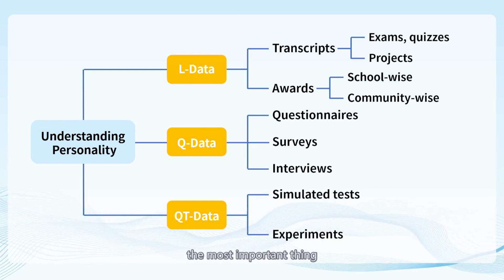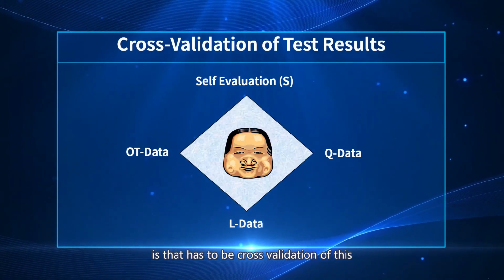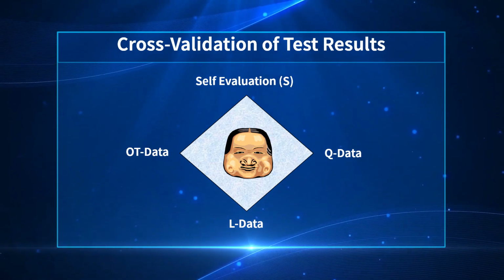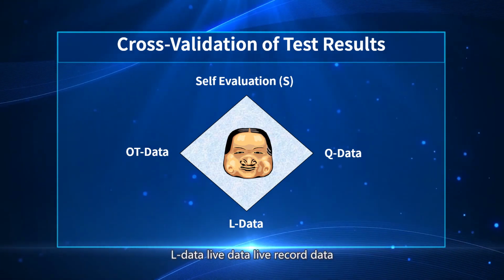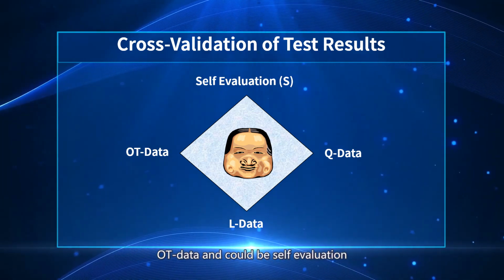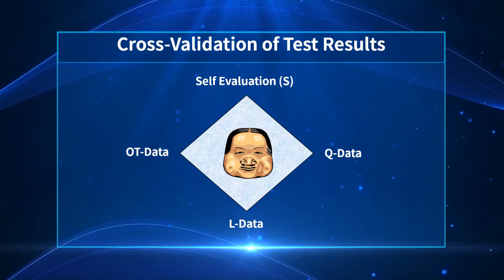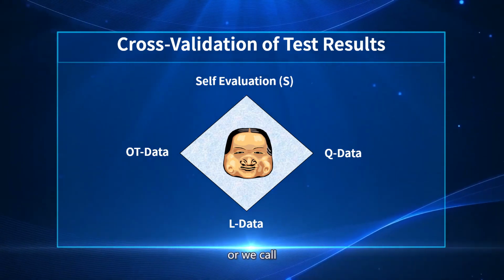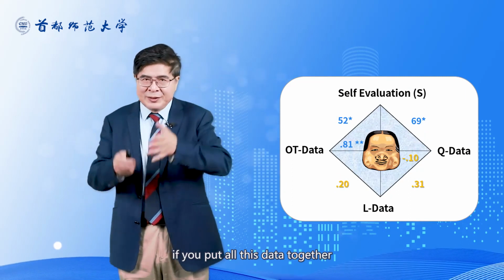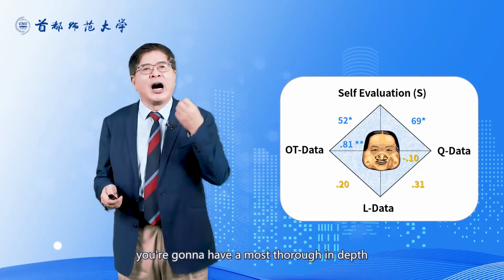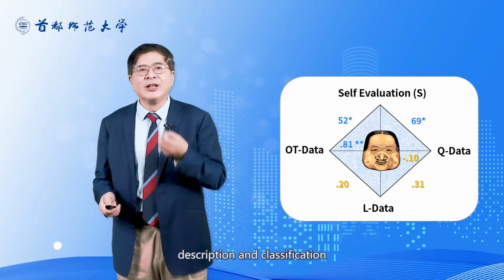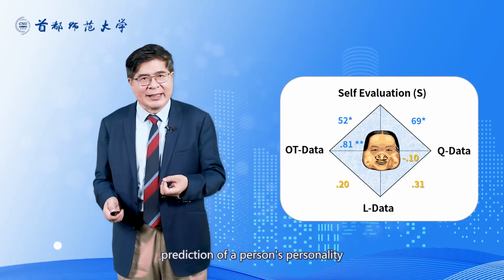The most important thing is that there has to be cross-validation of these test results or data: the Q data, the L data, and the OT data, and it could also be self-evaluation. How do you review yourself? What we call SE data. If you put all this data together, you're going to have a more thorough, in-depth description, classification and prediction of a person's personality.